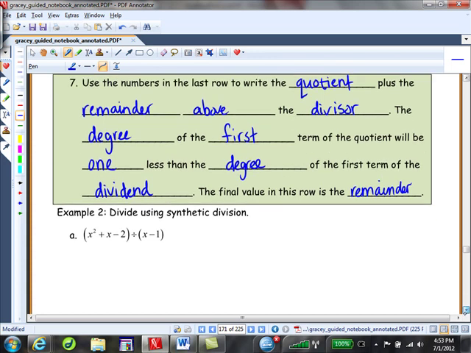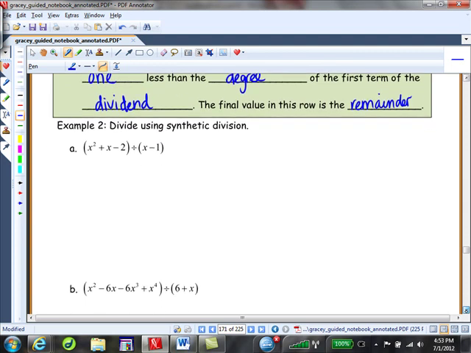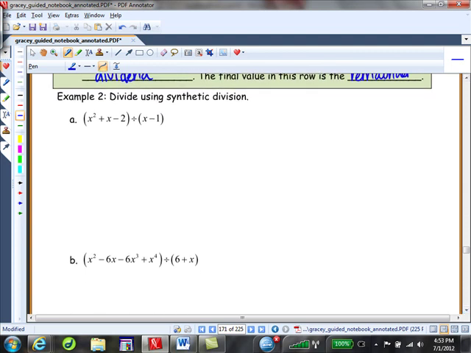Okay, I know that probably doesn't seem completely clear, so let's check it out. First of all, the divisor is x minus 1. Do you see that c is 1 because we already have a minus there? So c equals 1.